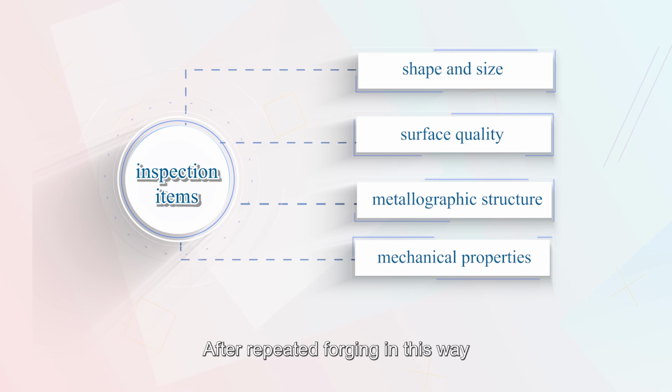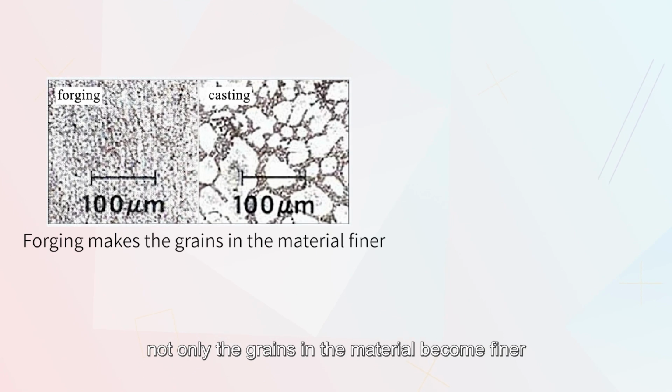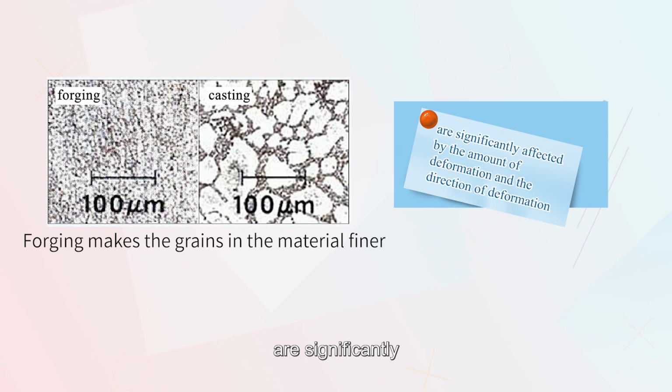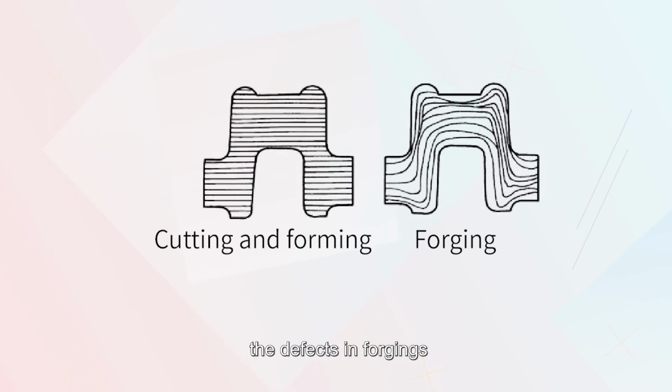After repeated forging in this way, not only do the grains in the material become finer, but also the orientation, shape, and distribution of defects are significantly affected by the amount of deformation and the direction of the deformation. Therefore, the defects in forgings are mostly area-shaped and elongated.